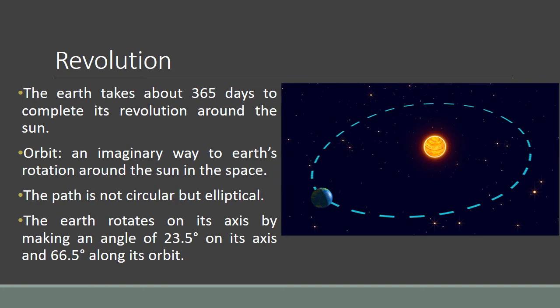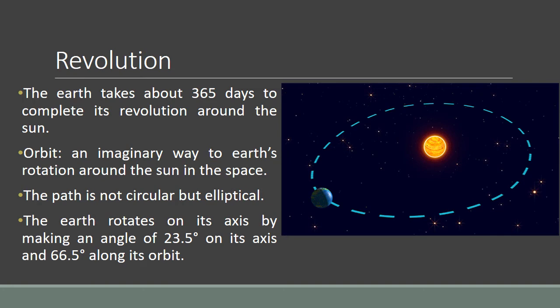In the same way, 66.5 degrees, or 66 degrees and 5 minutes along its orbit, is the angle same as the major latitude of the Arctic Circle and Antarctic Circle. So these are the angles which are made by the earth when it is rotating.